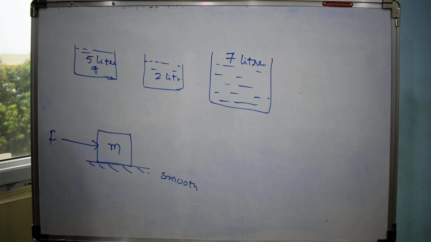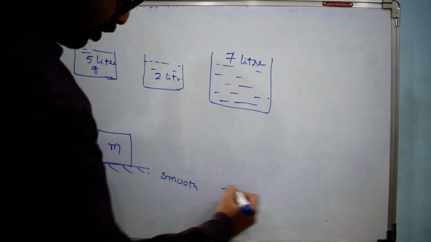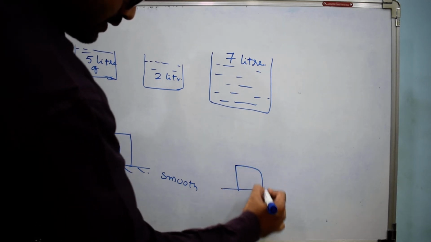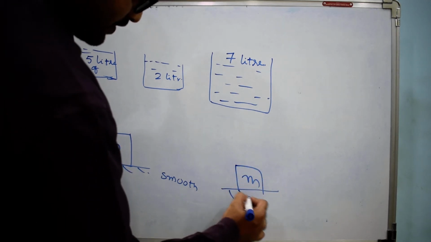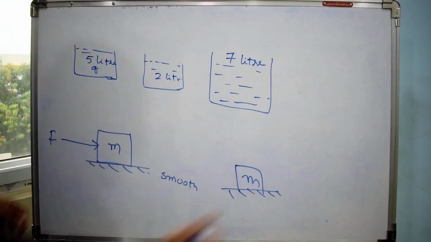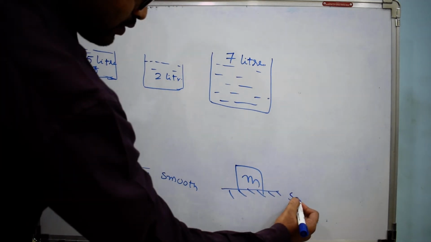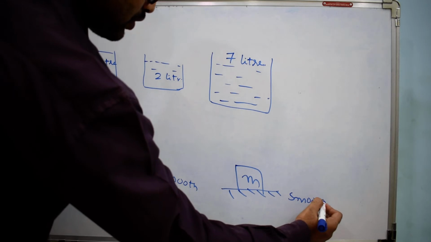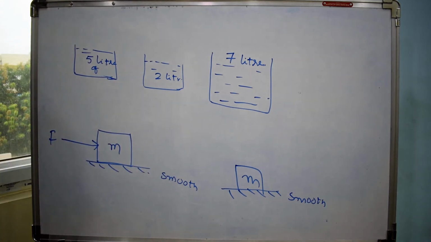And let's ask ourselves a different question. Let's say we have the same block again, kept on the same surface, which is again smooth. Now again kept on a smooth or frictionless surface.